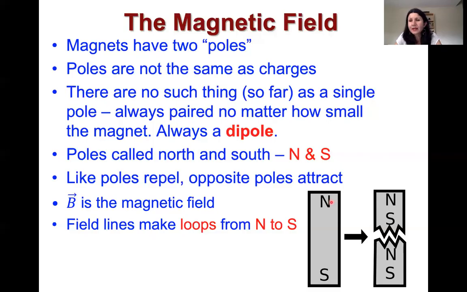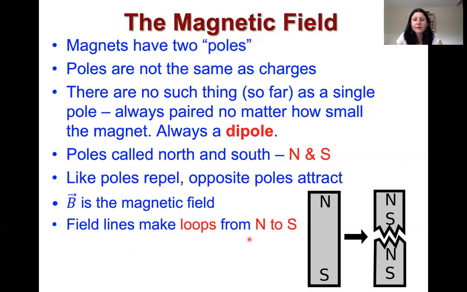Like charges making electric fields, poles generate magnetic fields, and we use this capital letter B for magnetic field. It's also a vector, so that's why it's B with an arrow on top, which is vector.